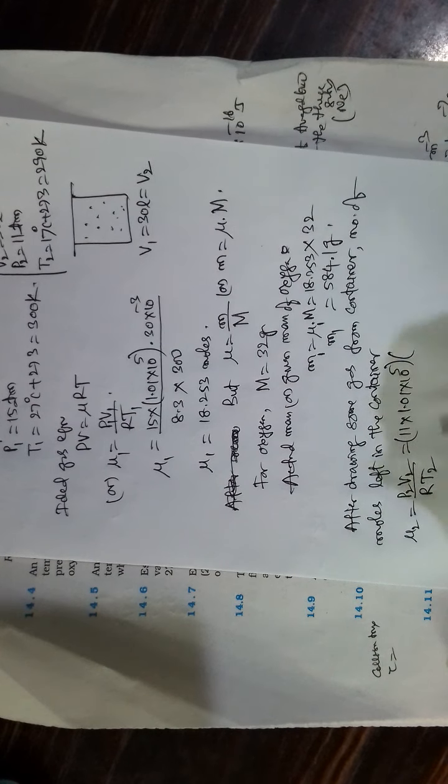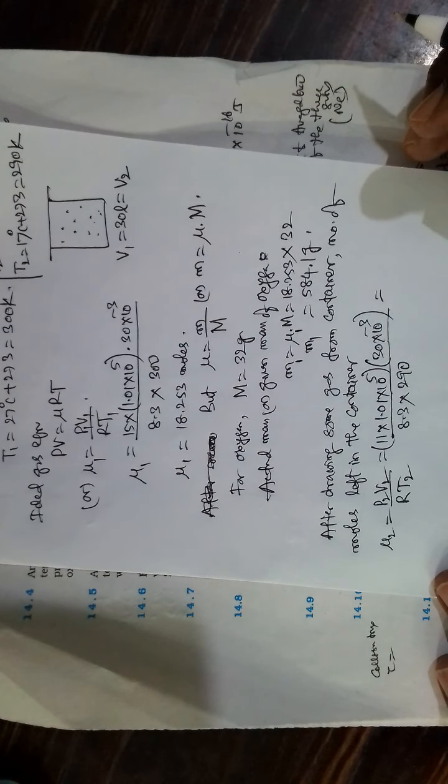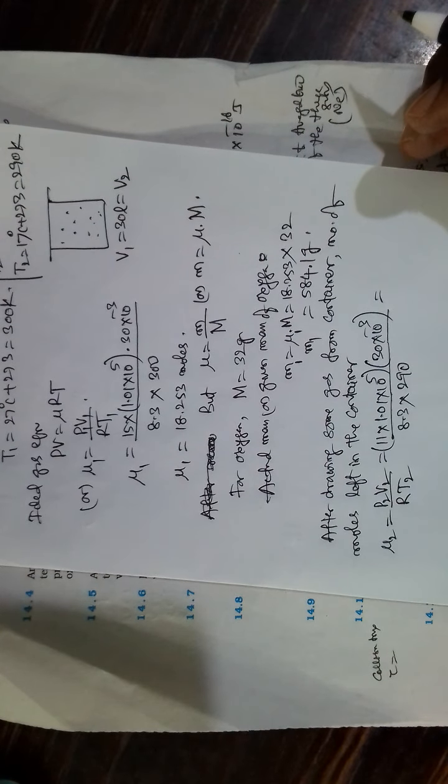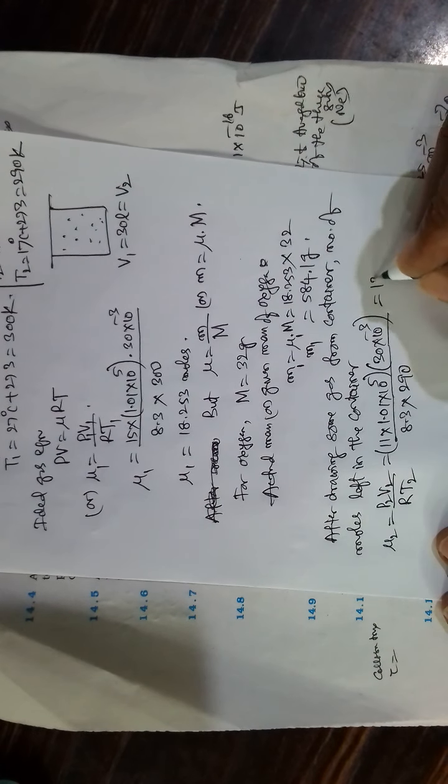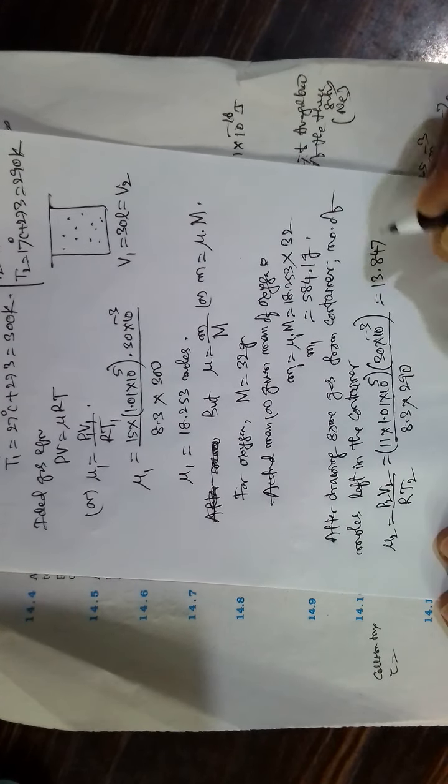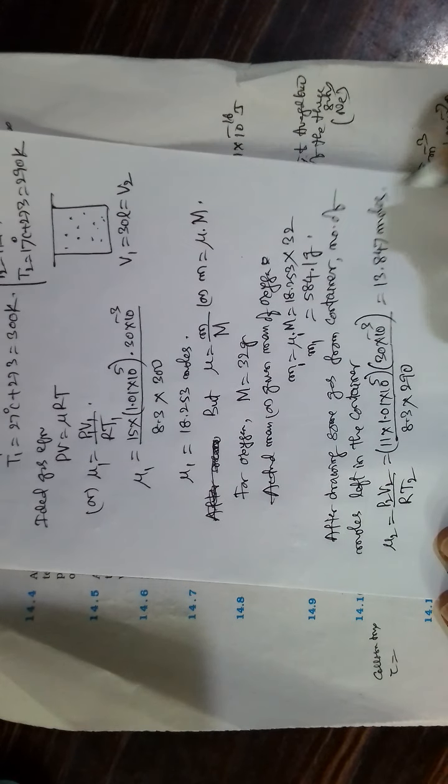P2 is 11 atmospheres, V2 is 30 liters, divided by 8.3 into T2, 290. So we get the moles.